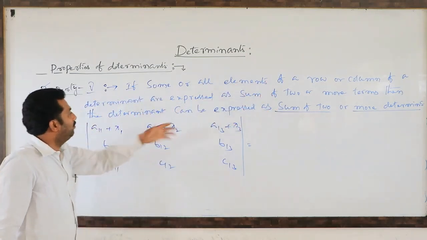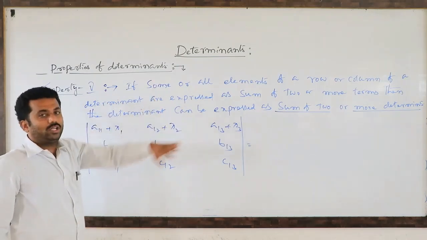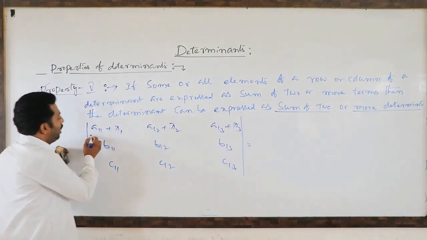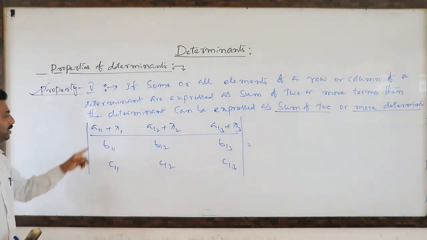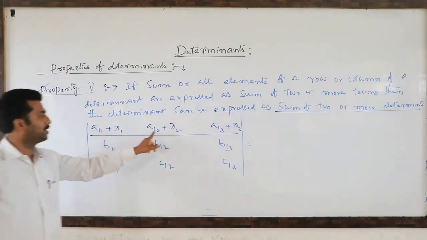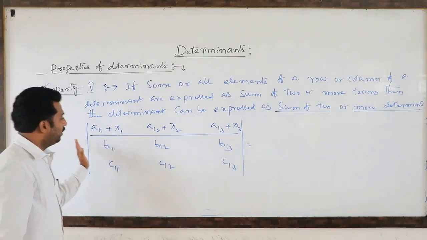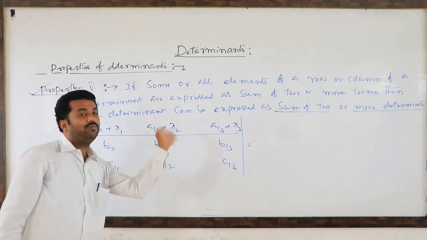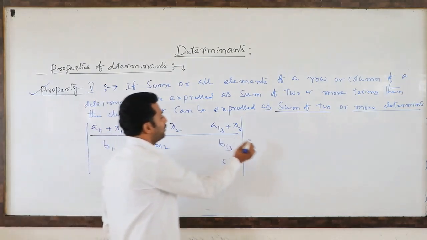Very clear. If some or all elements of a row or a column of a determinant are expressed as sum of two or more terms, see, if you choose the first row, all the elements are expressed as sum of two terms: a11 plus lambda 1, these are the two terms. So this determinant can also be expressed as sum of two determinants. How to write it?